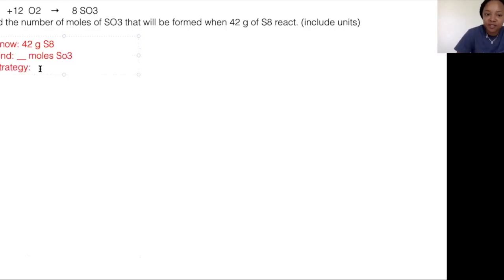When I asked you for this first strategy, this is like the overall strategy, and then when we break it down, we'll go through. So our strategy is that we're going to go from 42 grams of S8 to what first, if we're following our chart.